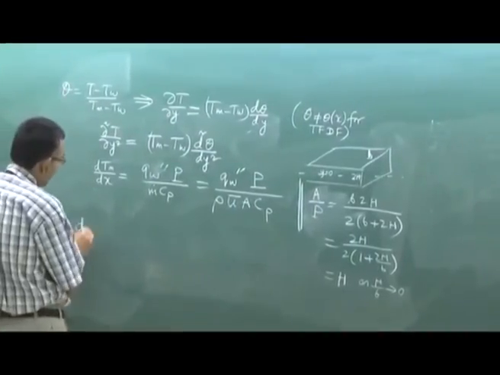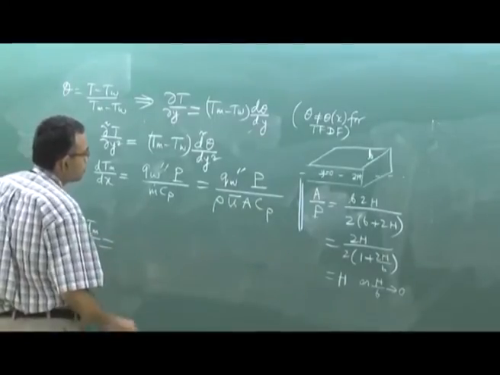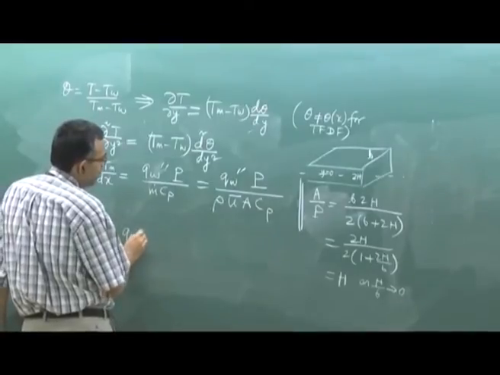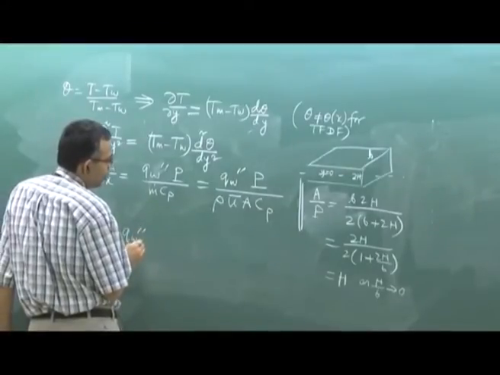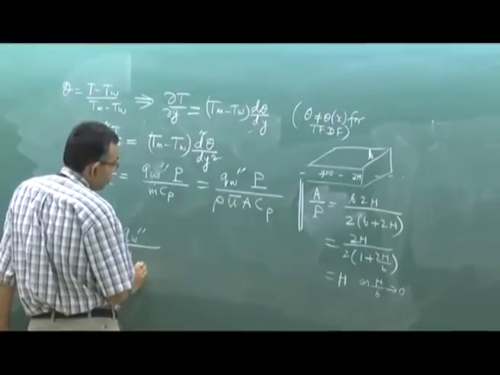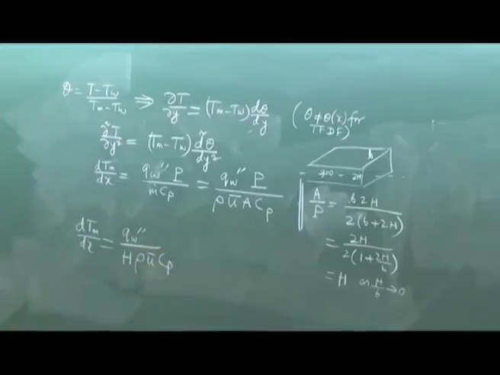So you can write dTm dx is equal to Q double prime into perimeter by area, which is 1 by h, over rho u average Cp. So u dTm dx is u by u average.